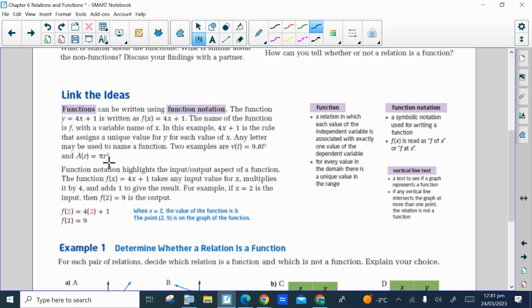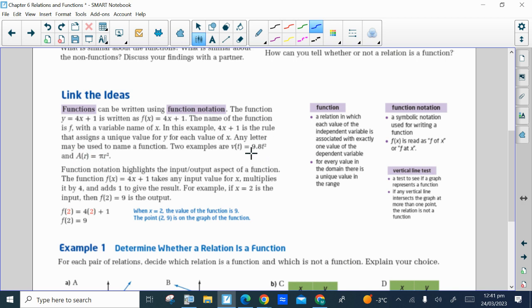So with function notation, the variable that's inside brackets matches the variable in the equation. So this first one, f of x equals, the variable in the equation is x. This one down here, v of t equals, the variable in the equation is t. A of r equals, the variable in the equation is r.